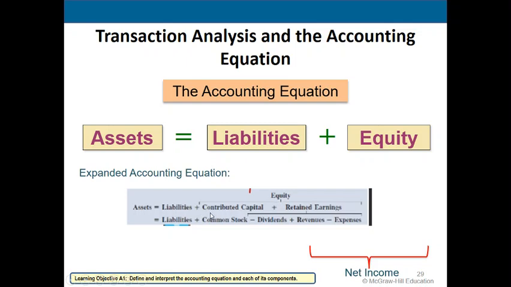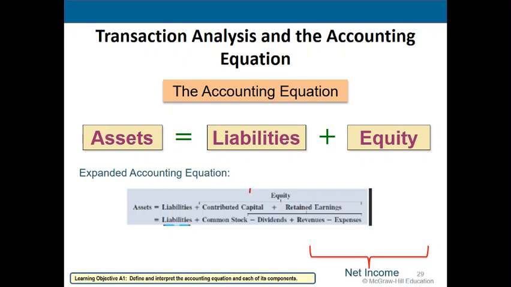Equity is made up of contributed capital plus retained earnings. Contributed capital is the purchase of stock. Well, what's the retained earnings? Well, it's past earnings of the company that have not been paid out in dividends. They're retained by the company. And so how do you get retained earnings?